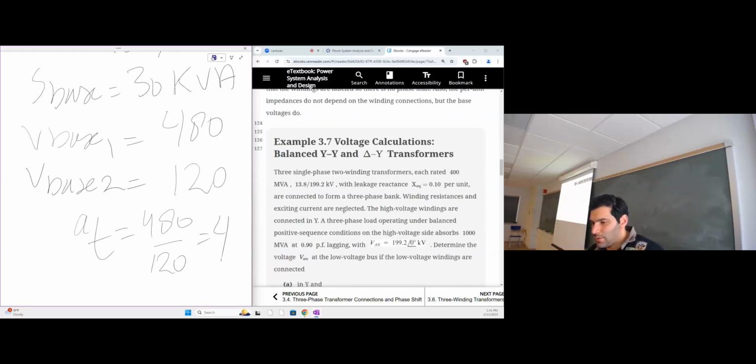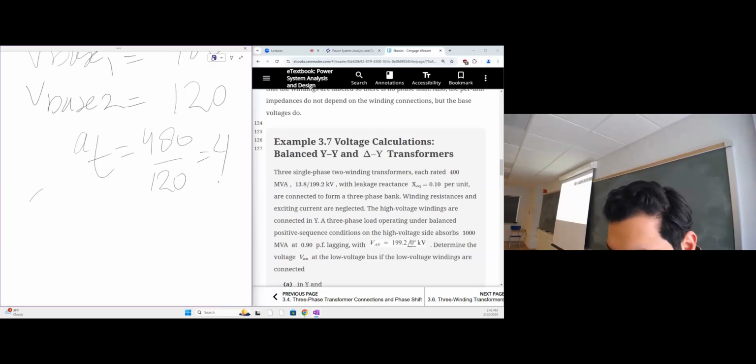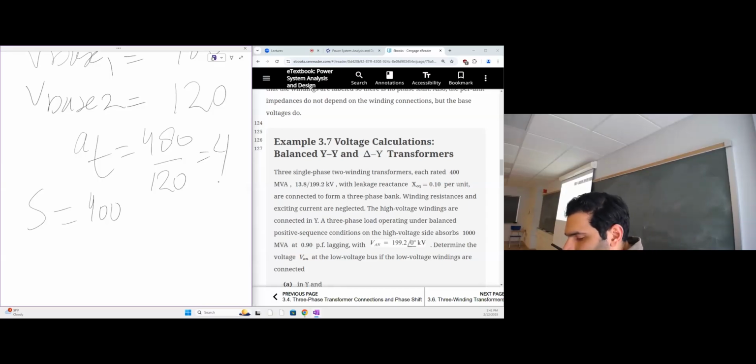Let's do a question now, some example. Voltage calculations, balanced Y to Y, delta to Y connection transformer. Three-phase, two-winding transformers, each rated 400 MVA. So I get S here to be 400. 13.8, 199.2 kV.